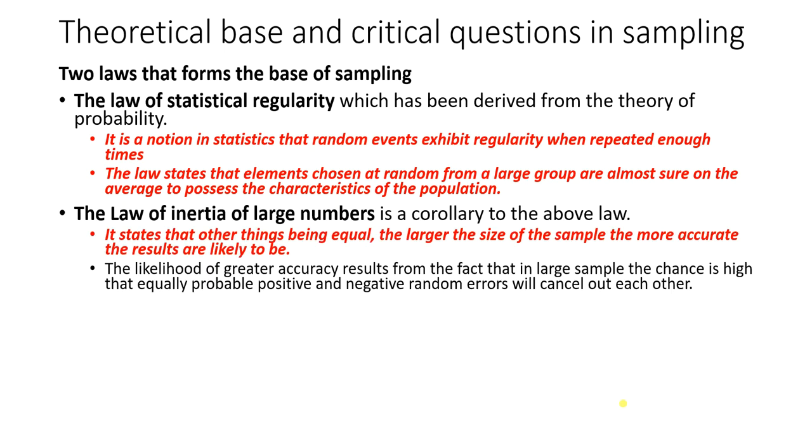As a corollary to the above law is another law which is called the law of inertia of large numbers. It states that, other things being equal, the larger the size of the sample, the more accurate the results will be.